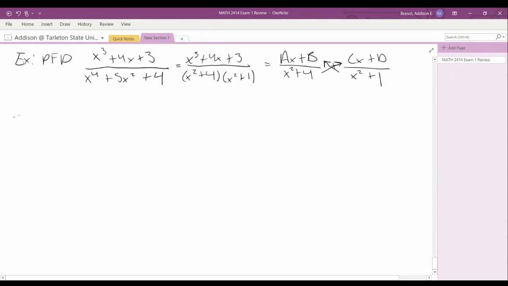And we can say that our numerator, x cubed plus 4x plus 3, is equal to everything cross multiplying up here. So it would be ax plus b times x squared plus 1 plus cx plus d times x squared plus 4.